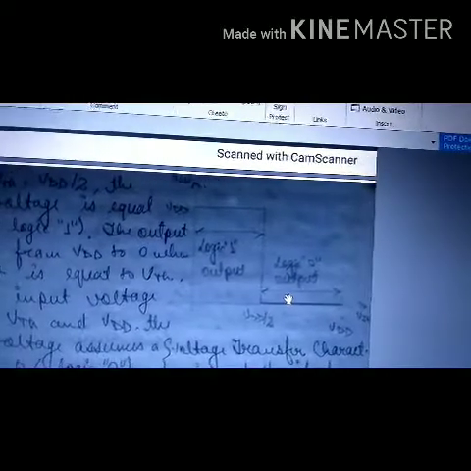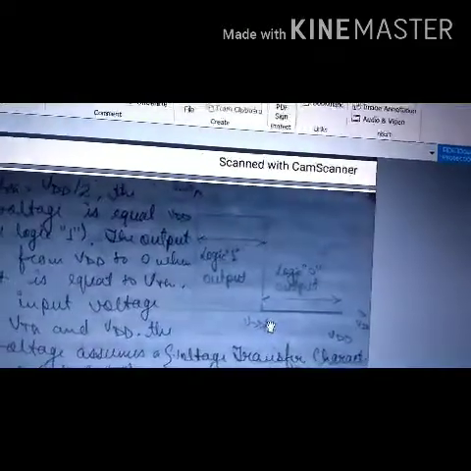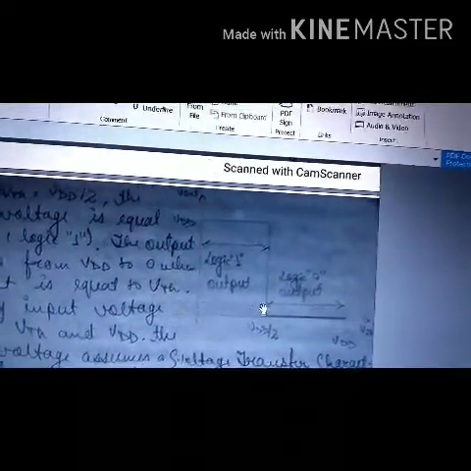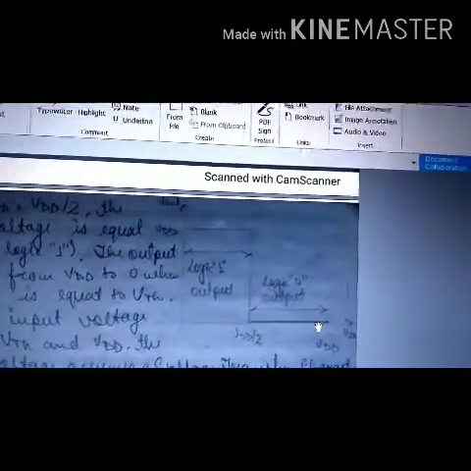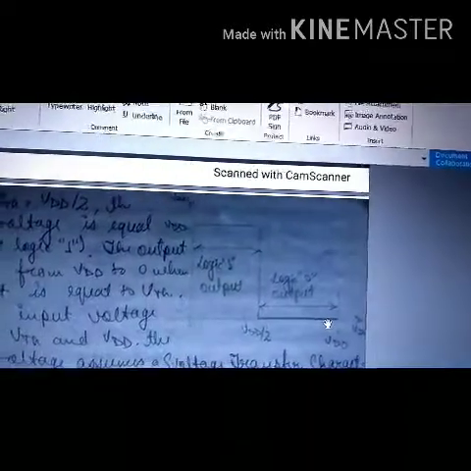Thus an input voltage of 0 to VTH is interpreted by an ideal inverter as logic 0, while the input voltage from VTH to VDD is interpreted as logic 1. So from 0 to VDD by 2, input voltage is logic 0, and from VDD by 2 to VDD, input voltage is assumed to be logic 1.